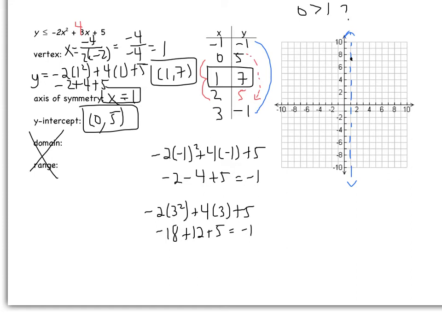I then have 0, 5, and 2, 5. I have negative 1, negative 1, and 3, negative 1. Okay, this time it's less than or equal to. Because we have the equal sign, we can draw this in as a solid parabola.